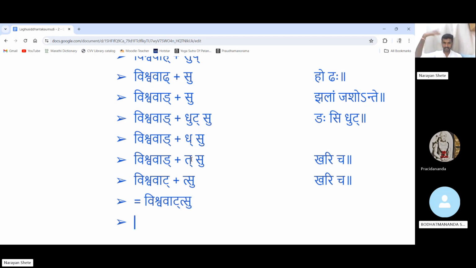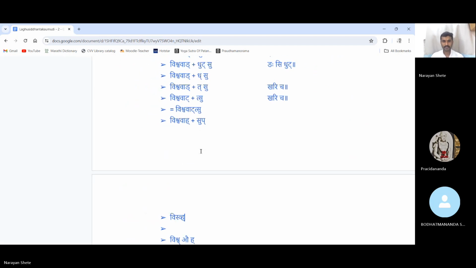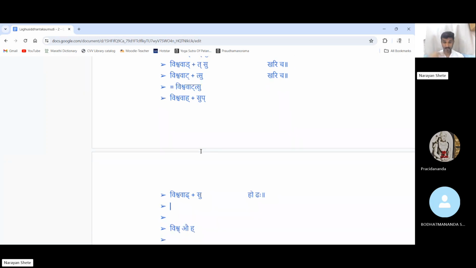And when Dut will not come, then just only Vishwavatsu. Hakara will turn into first Dhakara. Vad su by Odha. Hakara will turn into Dakara.